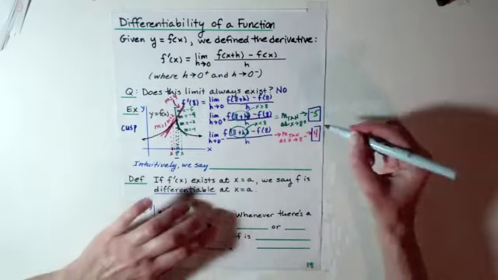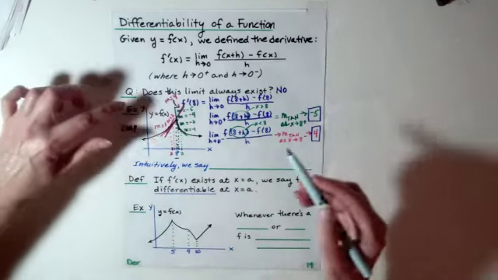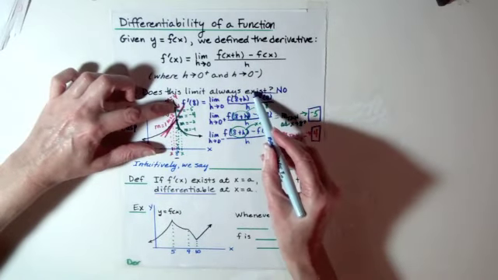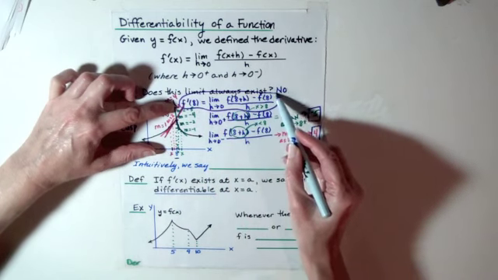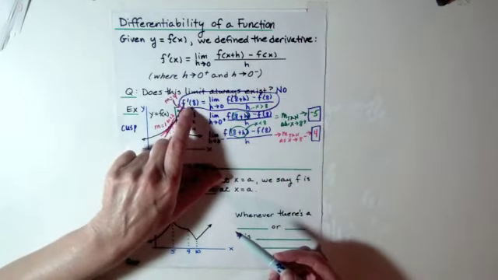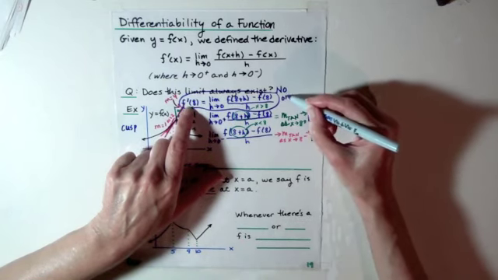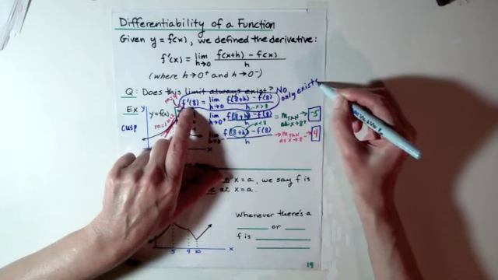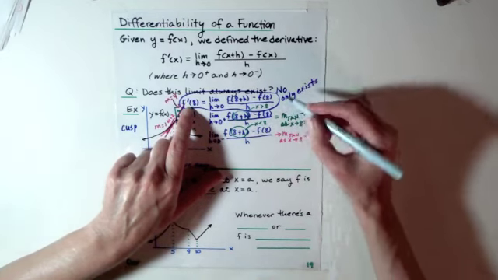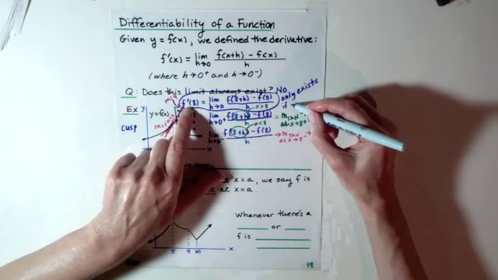And what's the problem? The problem is for the overall limit to exist, and that's what we would want to exist to say that the derivative exists at 8, this overall limit only exists if what is true about the one-sided limits? This limit only exists if the left-hand limit and the right-hand limit are the same.